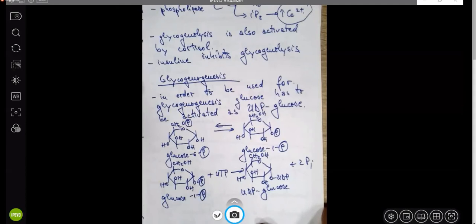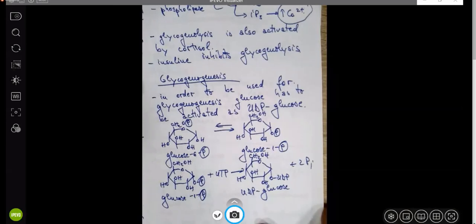Glycogenogenesis. Yes, I need, mandatorily, UDP glucose, as I also need for glucuronic acid synthesis. So pay attention, you can have in your final exam subjects like UDP glucose.